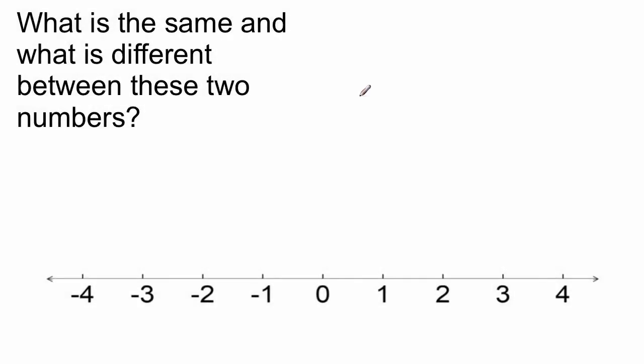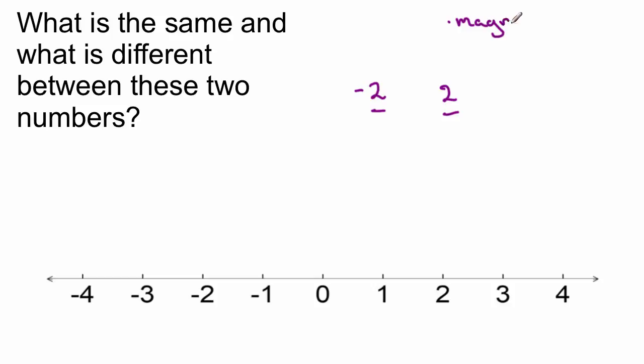Now, the interesting thing is that sometimes numbers look the same. Let's look at -2 and 2, and we can see some things that are similar and some things that are different. Well, first of all, they've got that basic part, so I guess in that sense, the magnitude is the same.